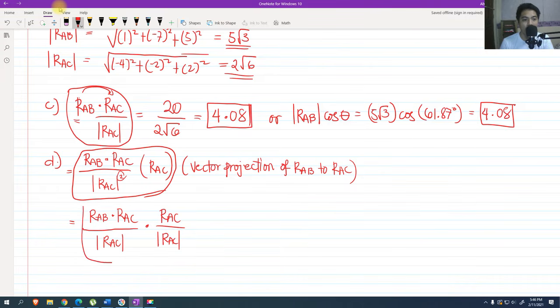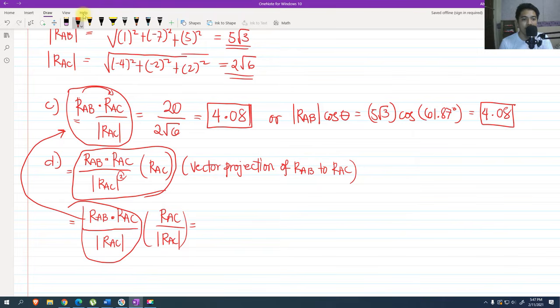We already know this, and this is what we solved in letter C. Technically, in this formula, this is not a dot product, this is multiplication, because this one is already the dot product.